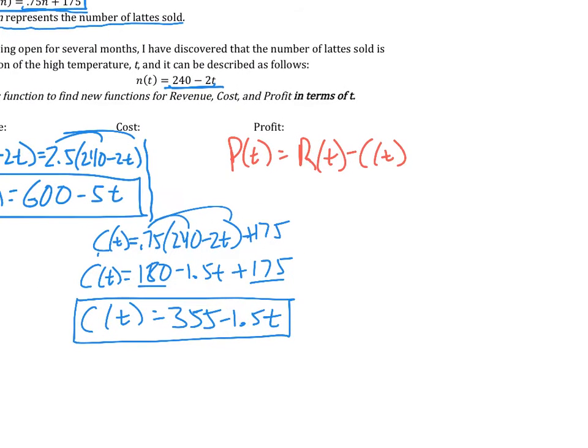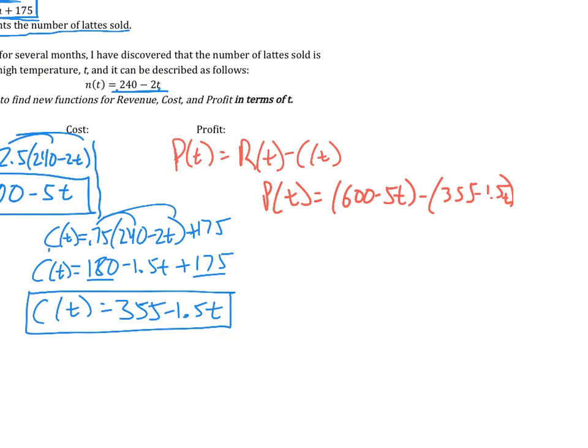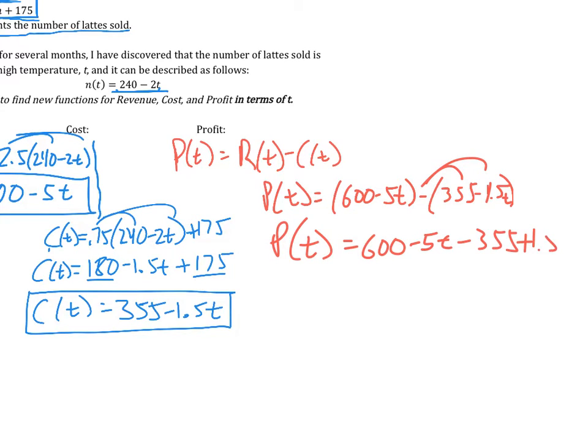Our profit is going to be the revenue, which is 600 minus 5T, minus the cost, which is 355 minus 1.5T. Now we just clean that up and we get our profit function. The first parentheses can go away because there's nothing in front. Here we have to distribute this negative: minus 355 plus 1.5T.